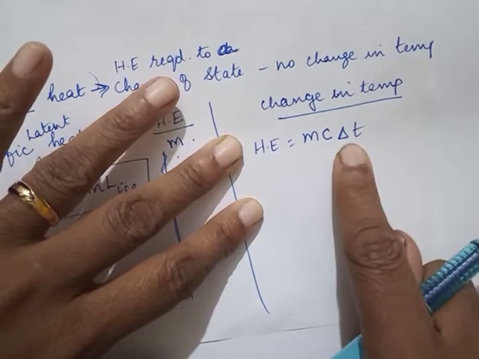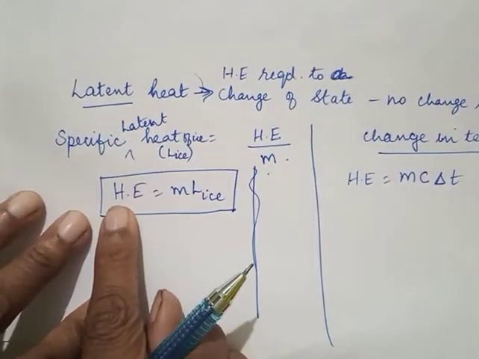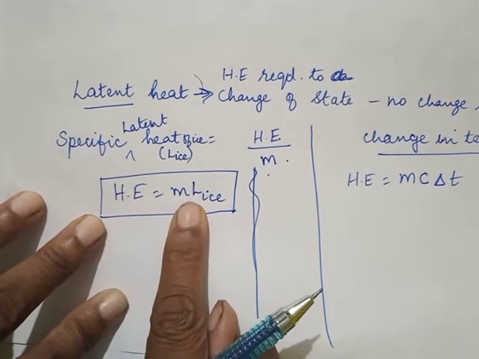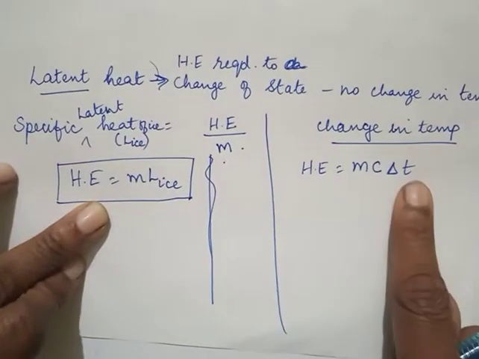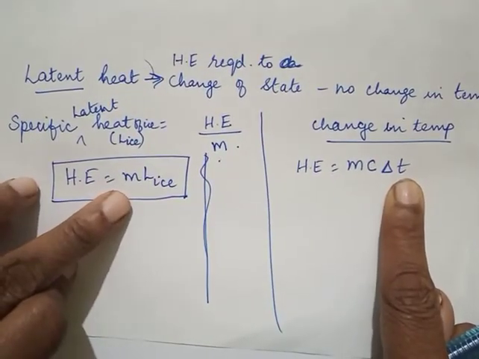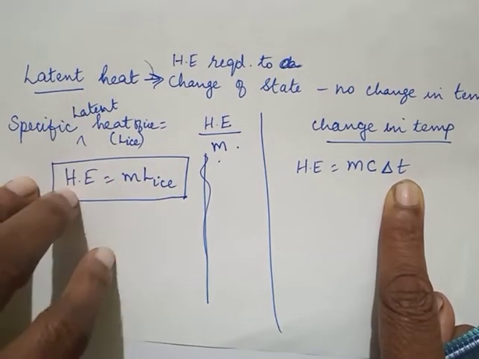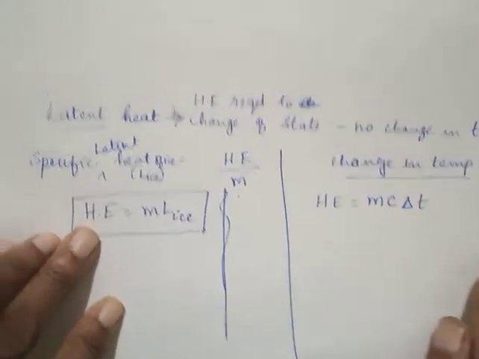During change of state, the formula for heat energy absorbed or liberated will be M into L of ice. Del T won't be here because temperature is not going to change during change of state. It's going to remain constant.